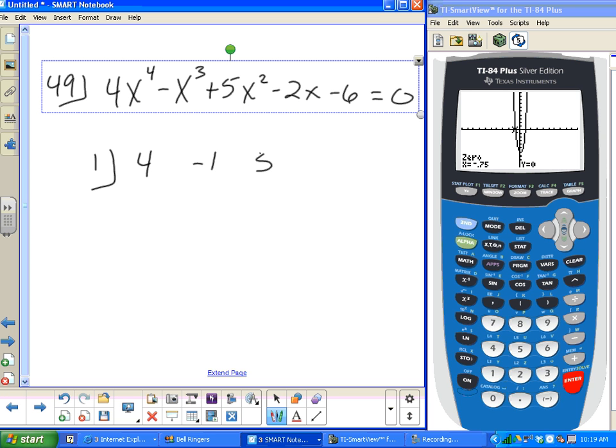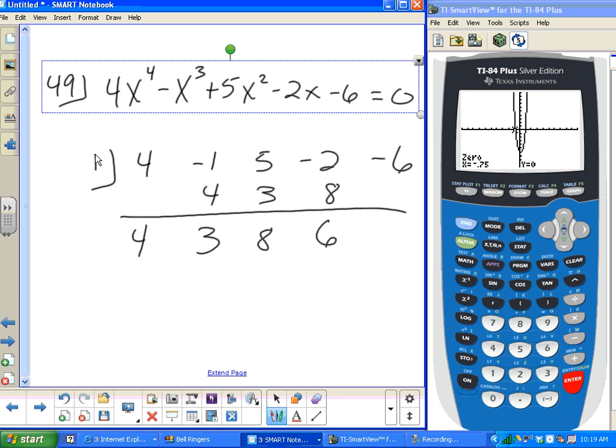So you see how your calculator is telling you what to use synthetically? And all you have to do is just do the synthetic division to show the work. 8 times 1 is 8. That'd be 6. That'd be 6. Okay. Now, I need to do another synthetic division, though. So let's see.